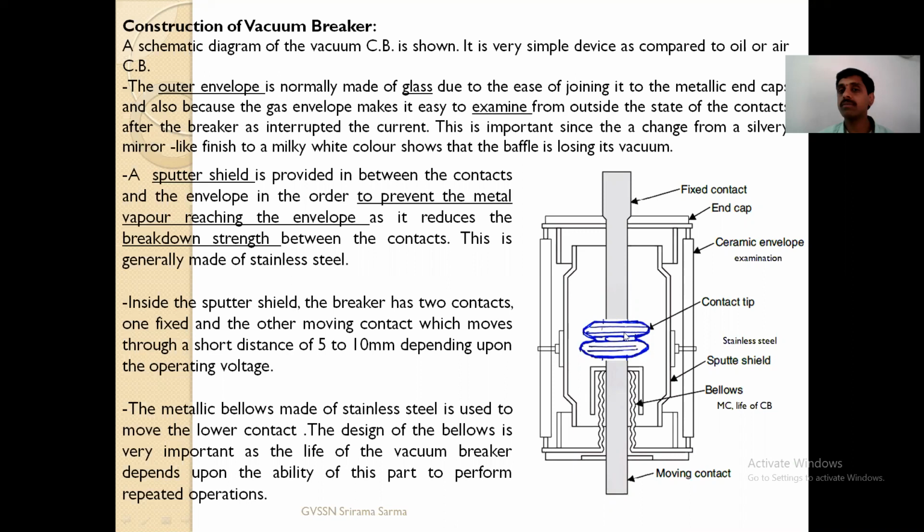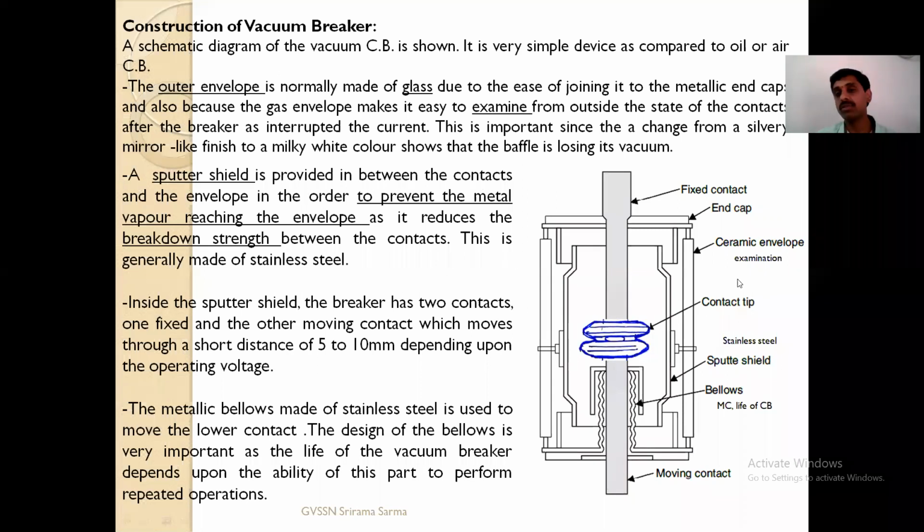The change from silvery mirror-like finish to milky white color shows the breaker is losing its vacuum. So this change of color is an indication that there is an opening of the contacts, and there is a formation of vapor inside, and arcing is taking place.